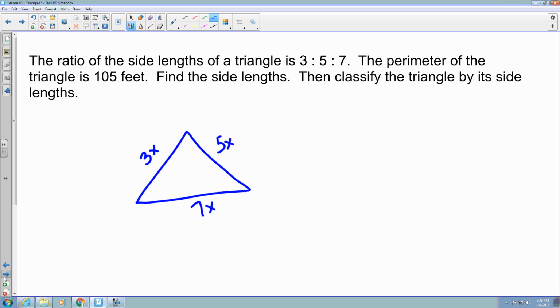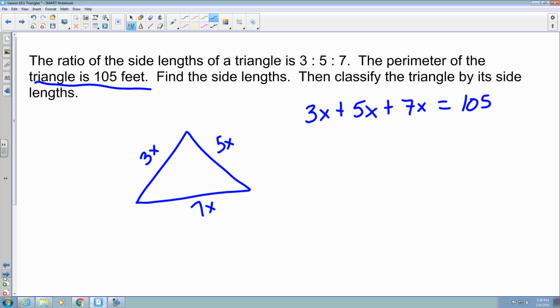So I'm just going to attach an x to each one of these side lengths. We also know that 3x plus 5x plus 7x is going to equal 105, because that's what it told us, that the perimeter of the triangle is 105 feet. So now we get to combine the like terms.